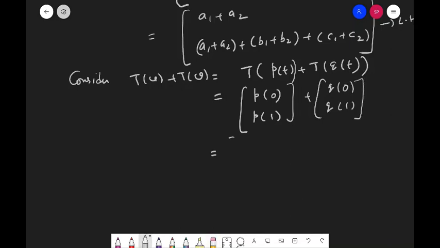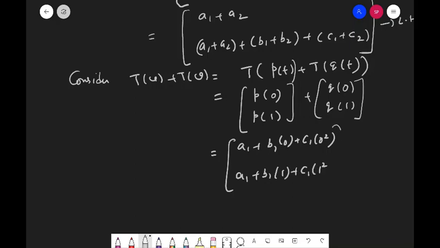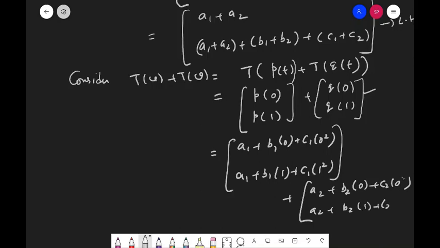This is equal to, what is P of 0? In the polynomial P of t, that is A1 plus B1 into 0 plus C1 into 0 square. Then P of 1 means A1 plus B1 into 1 plus C1 into 1 square, plus, now this second Q of 0 means A2 plus B2 into 0 plus C2 into 0 square, and then A2 plus B2 into 1 plus C2 into 1 square.